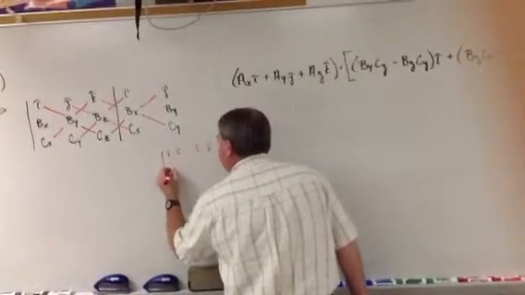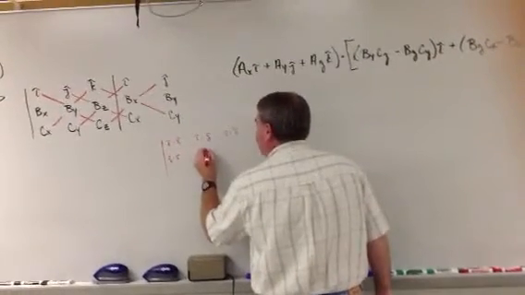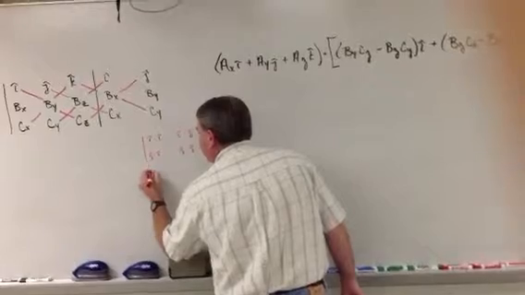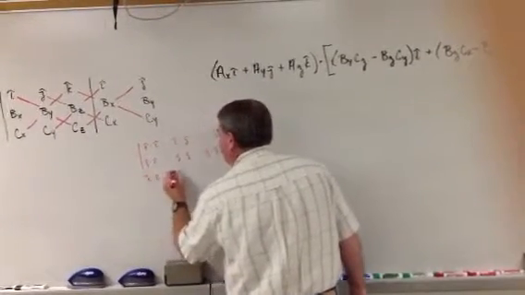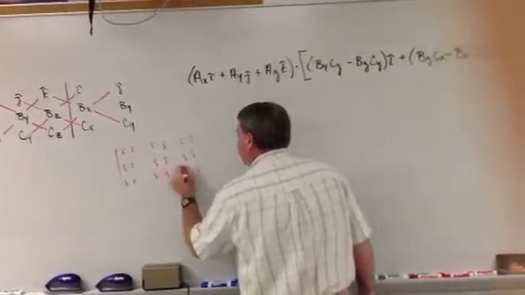This is going to be j dot i, j dot j, and j dot k. And this will be k dot i, k dot j, k dot k.